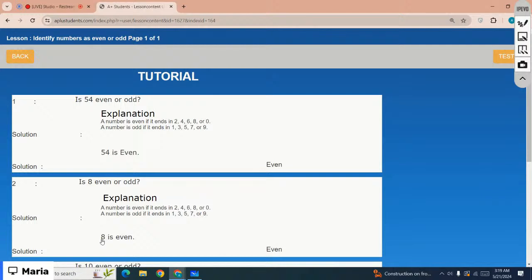So let's start with the practice questions. The first one is 54, right? So just look at the last digit of 54. The ones digit of 54 is an even number, 4. 4 is an even number. So that means 54 is an even number.